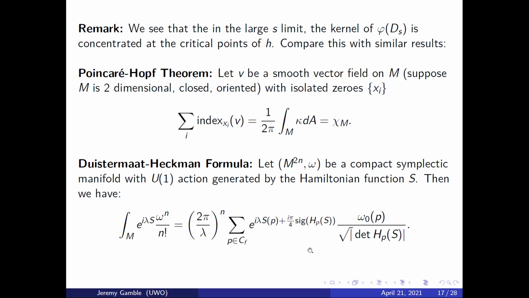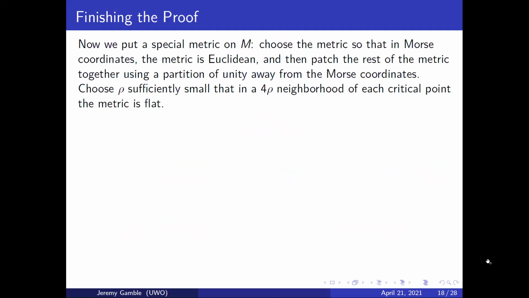What's cool is that this integral is getting computed by a sum, effectively, involving the critical points. And this seems to pop up whenever you get involved with critical points in Morse theory. You can always seem to approximate integrals perfectly by sums, which is cool. So I just wanted to mention that.